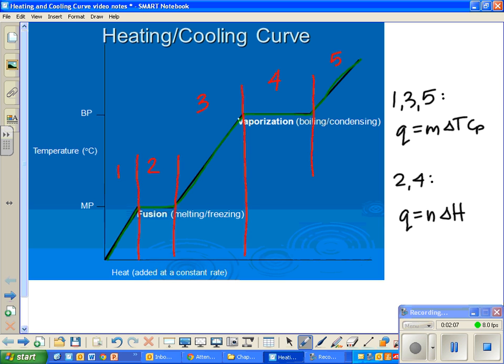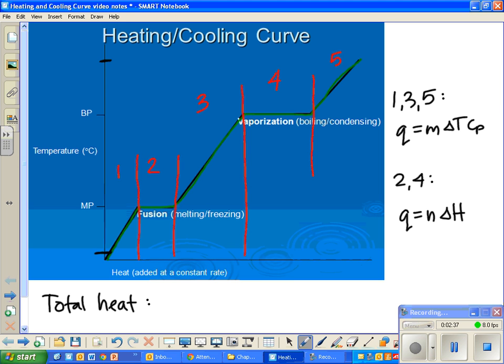So what we're going to be talking about in this video is how to calculate the total heat. And the total heat would be adding up all of the sections for whatever temperatures you're going from. For instance, if you were going from below the melting or freezing point, all the way up to a temperature above your vaporization point, you would add up the heats calculated for sections 1, 2, 3, 4, and 5.